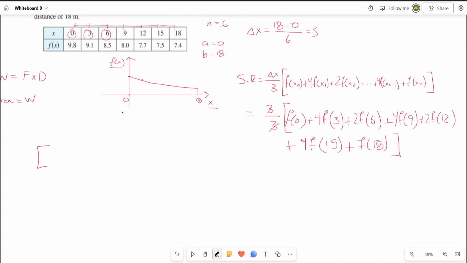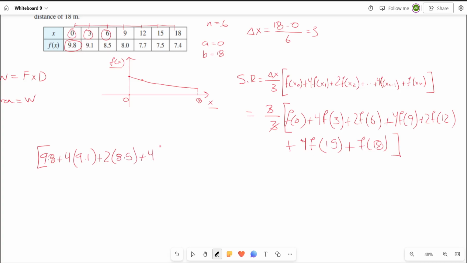What is f of 0? It's basically the function evaluated at x equals 0, which is this number over here, because when x equals 0, the corresponding value was 9.8. So f of 0 is 9.8, plus 4 times f of 3, which is 9.1, plus 2 times f of 6, which is 8.5, and so on.